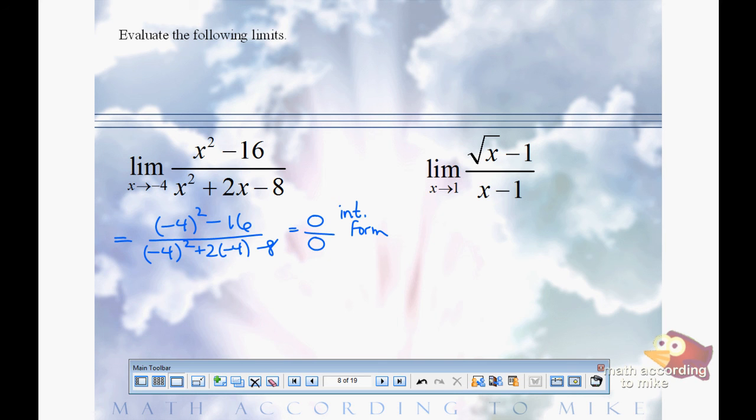So x squared minus 16, how does that factor? X plus 4, x minus 4. And x squared plus 2x minus 8.